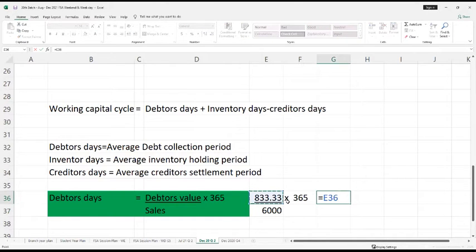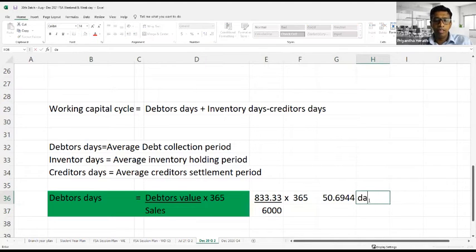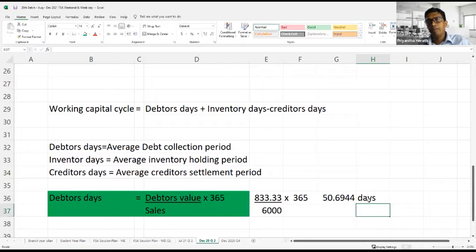It's $50.69. So let's say 51 days. So our average debt collection period is 51 days.